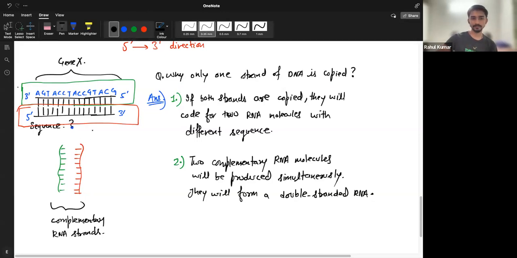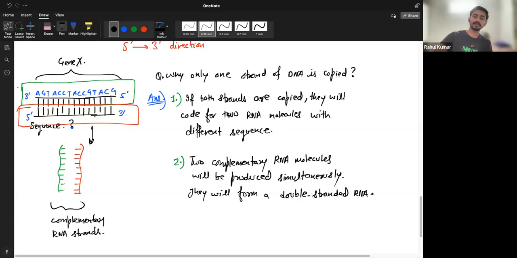Is that clear, everyone? Yes. Okay, great. So anyone has any doubt? Yes, Iram. So you said that the sequence of RNA at 3' to 5' end would be similar to that of the sequence of RNA from 5' to 3', right?